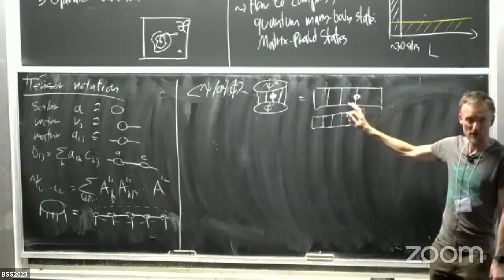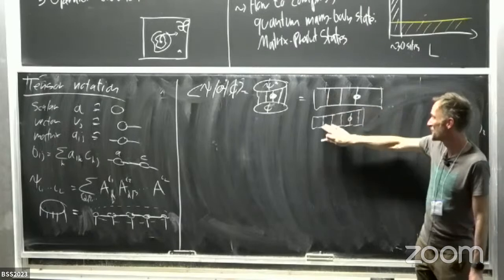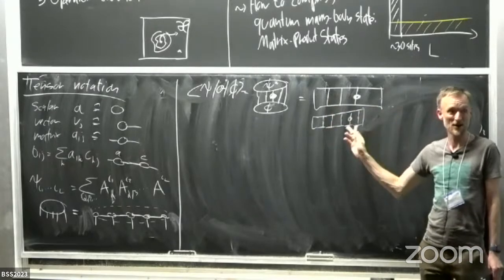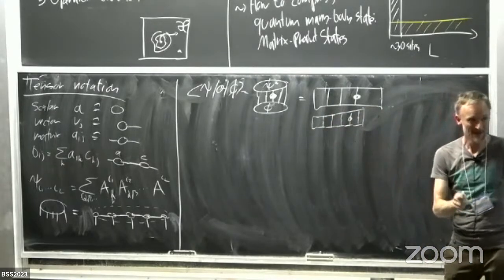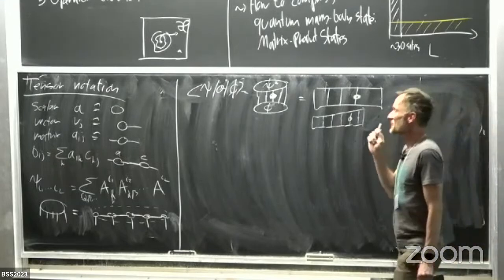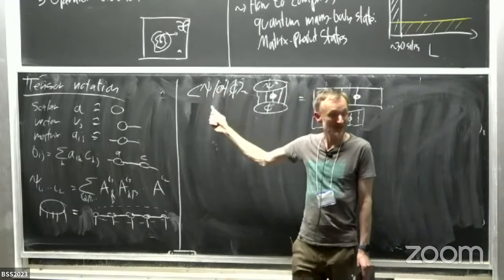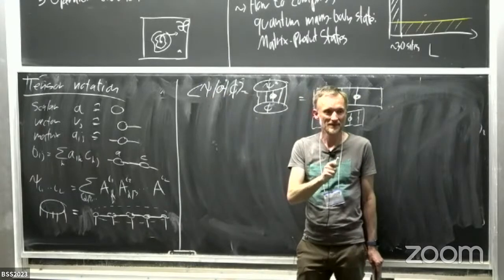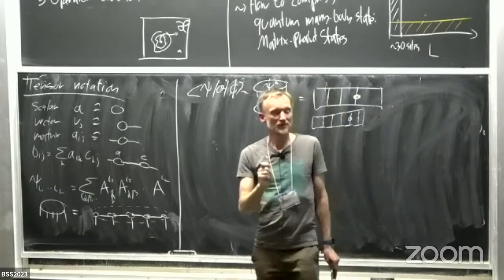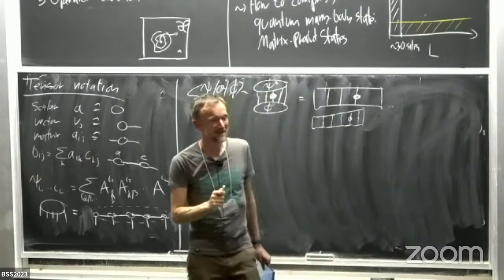Here I'm just making this more as a statement, and the proof is exactly by seeing how we construct it. But this is an important statement because we know that we can represent a wave function efficiently using this kind of formulation, but we can also calculate observables efficiently.